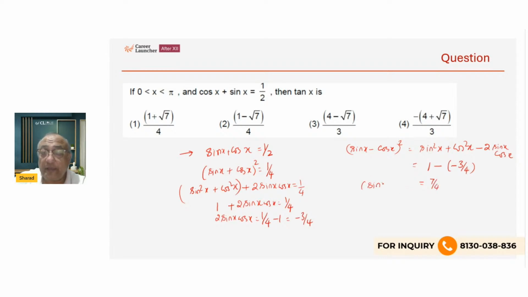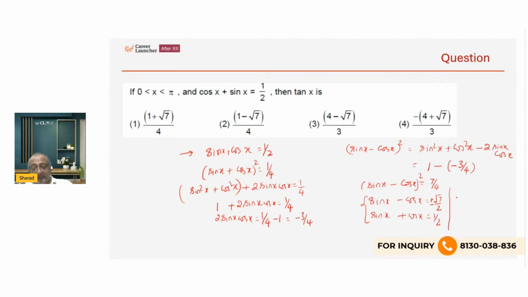So, what is it that we have got? I have got, kids, sin x minus cos x, which is equal to plus minus root 7 by 2. And I have sin x plus cos x, which is given in the question itself, 1 by 2. So from here, I can now get both sin x as well as cos x.